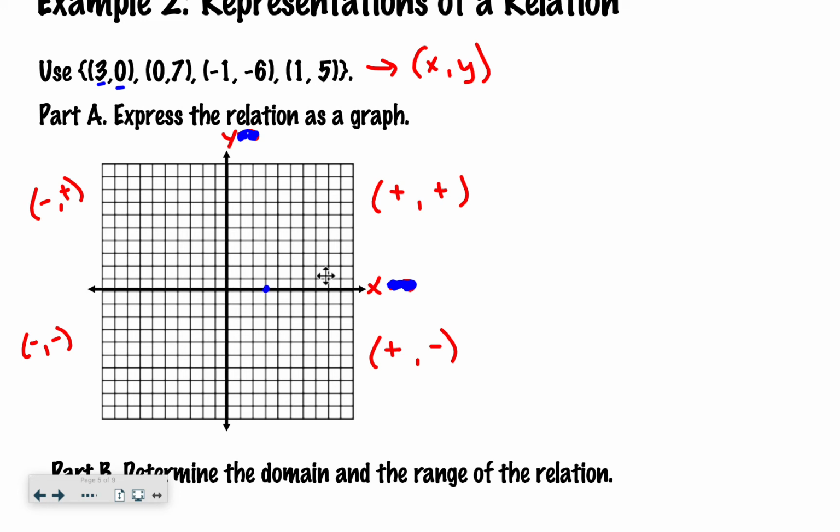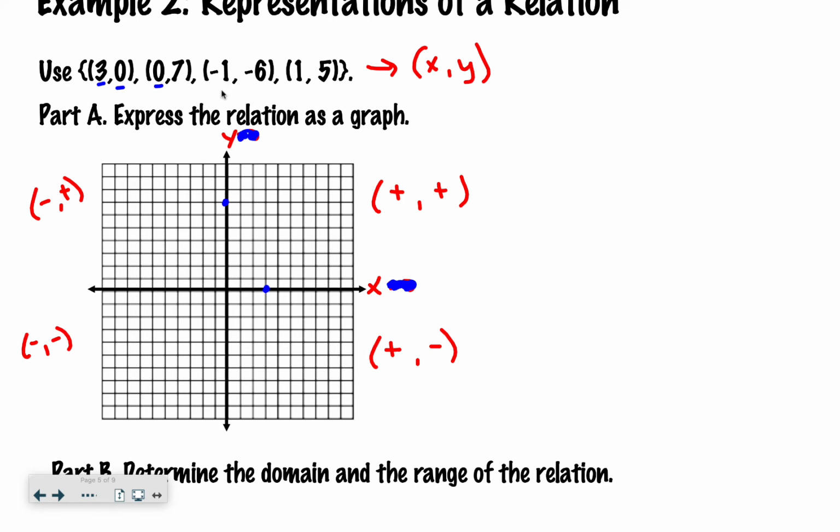So I went 1, 2, 3, and then since my y was 0, I didn't move in the y direction. Then the next ordered pair is 0, so I don't move left and right, but I move up 7. So that would be a point right here. We're going to get into the y equals 0, x equals 0 later in this chapter, but for now, I just want to keep it simple.